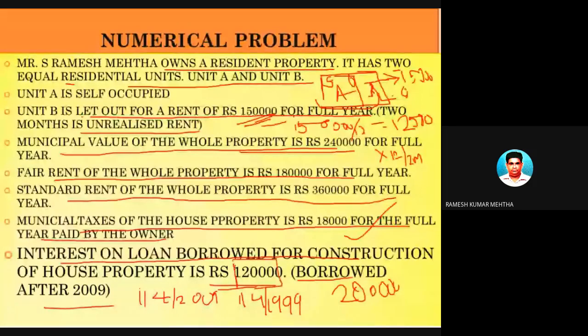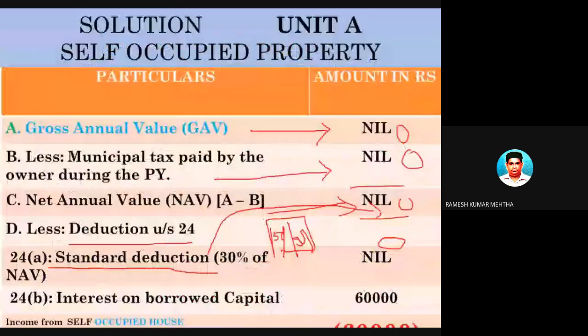So 50% for house A, 60,000 rupees, and 60,000 rupees for house B. So 60,000 will be allowed as interest on borrowed capital. So 0 minus 60,000 is minus 60,000 rupees. So income from house property A, which is self-occupied, is a loss of 60,000 rupees.